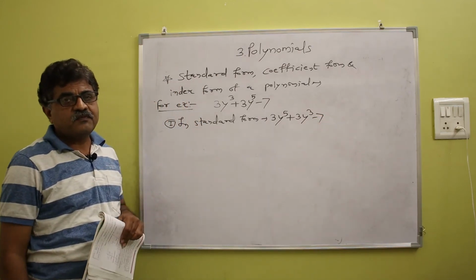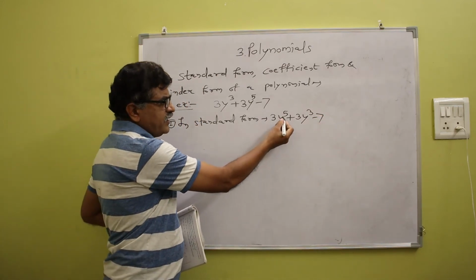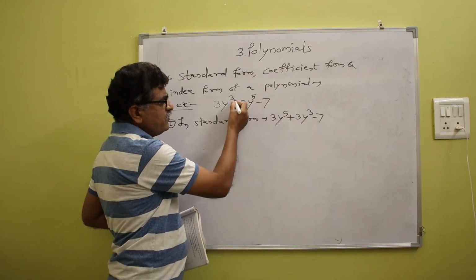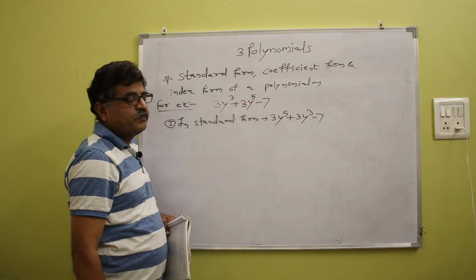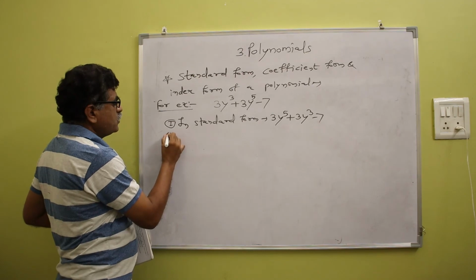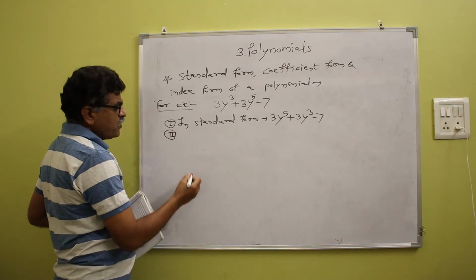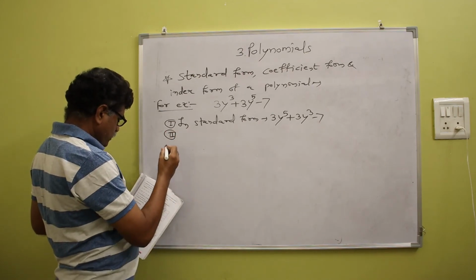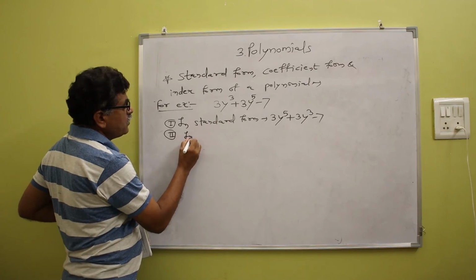This is in standard form, that is descending powers of variable 5, 3, 0. Number 2, index form.